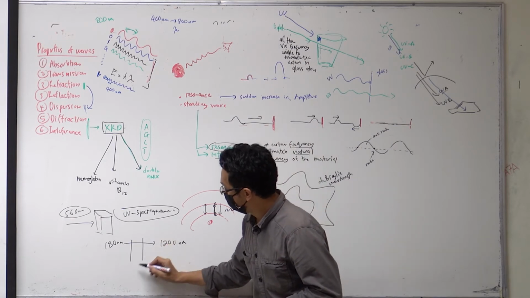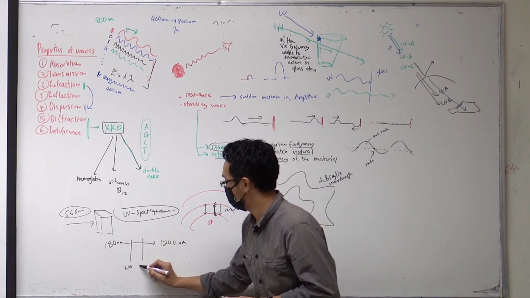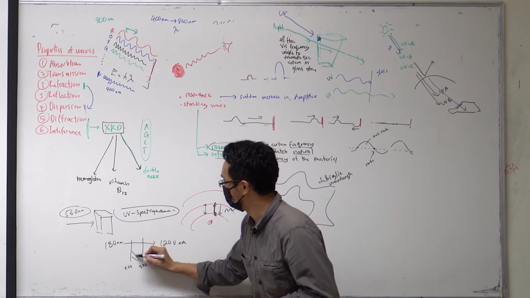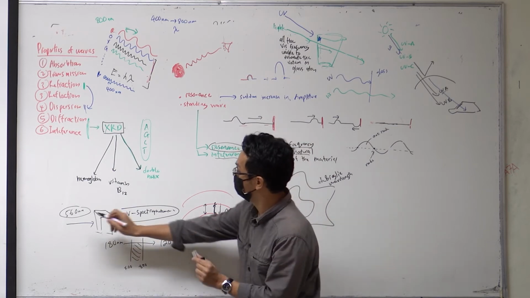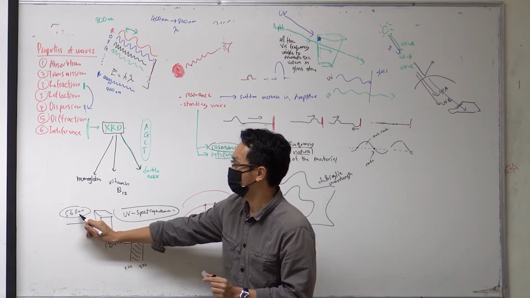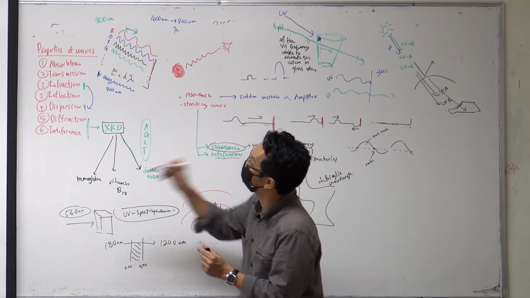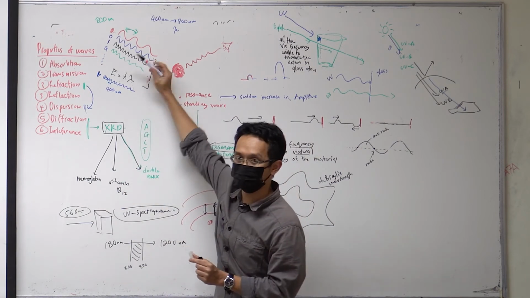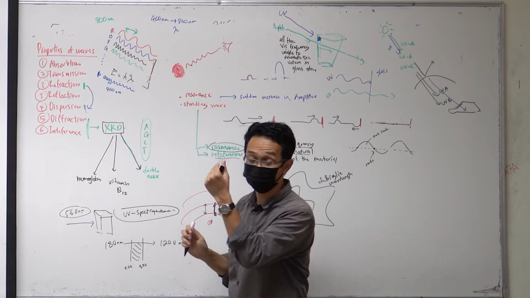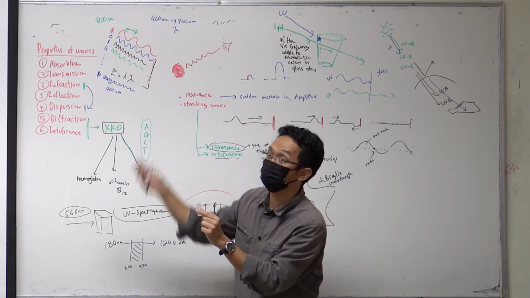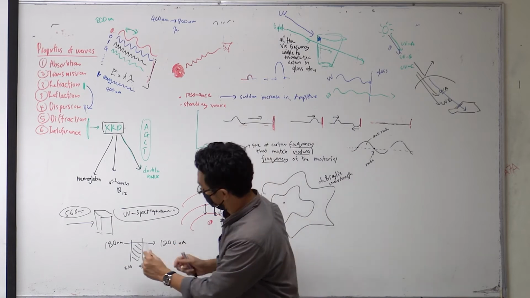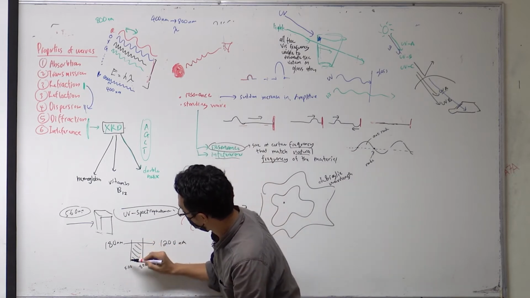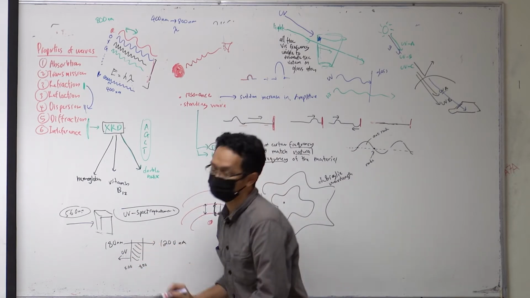As I said before, between 400 and 800 is basically the visible region. So if you shine 560 nanometer, you are shining green light to the cuvette. You don't see it because you close it, but if you could see, it's a green light. Whatever is below this is the UV region.